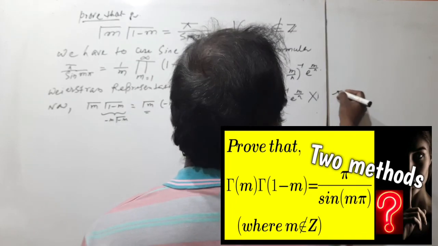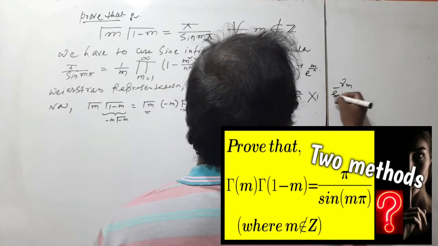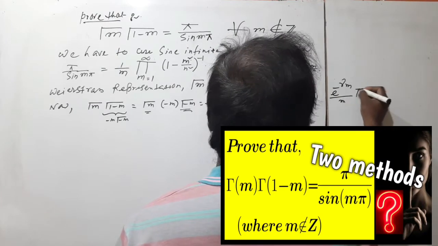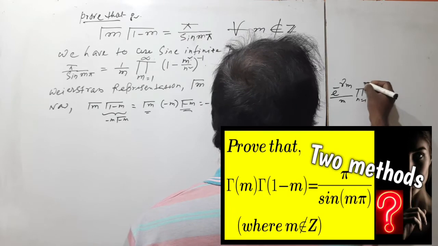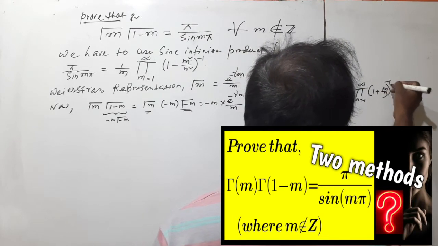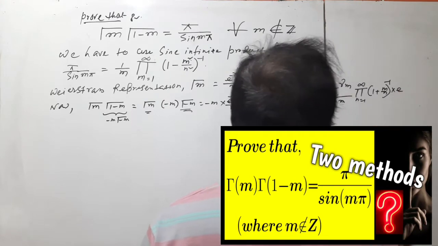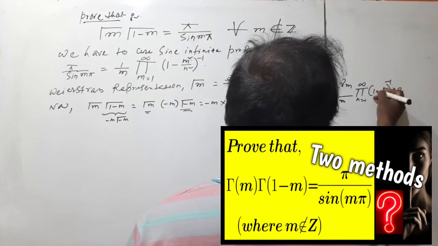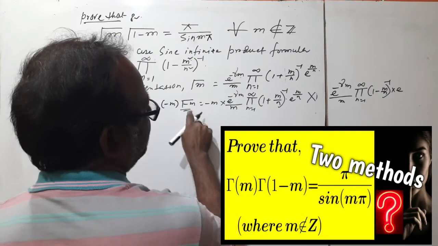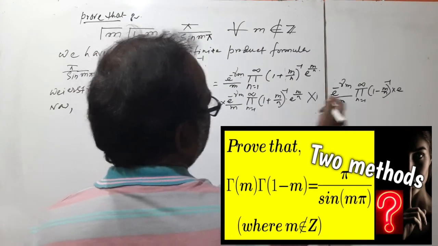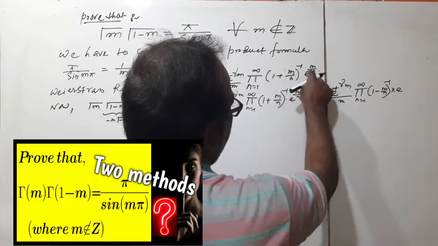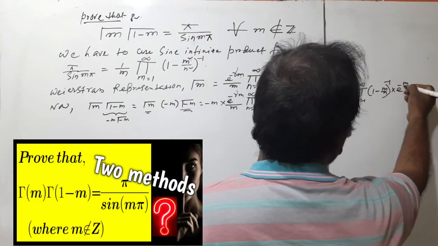Therefore, e to the power minus small gamma m over m into the product from 1 to infinity of 1 plus m by n to the power minus 1 into e to the power m by n. And for the other, to find the minus m, we put minus m here, and also here is minus m and e to the power minus m by n.